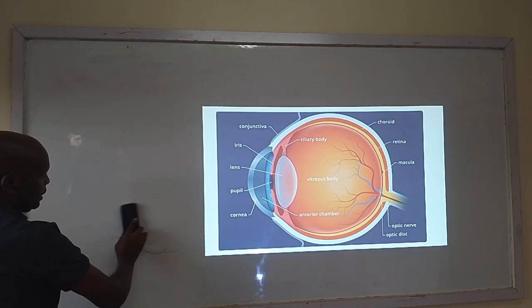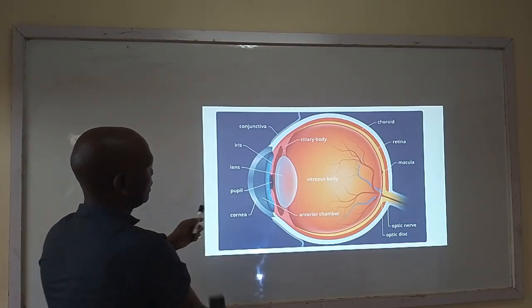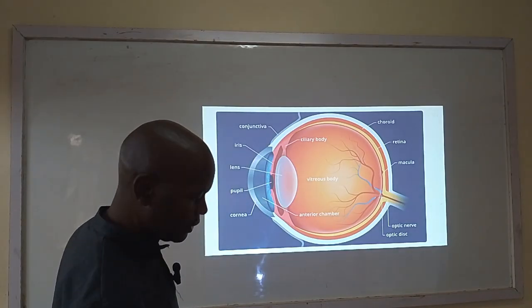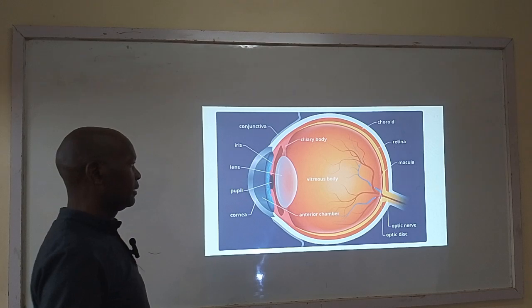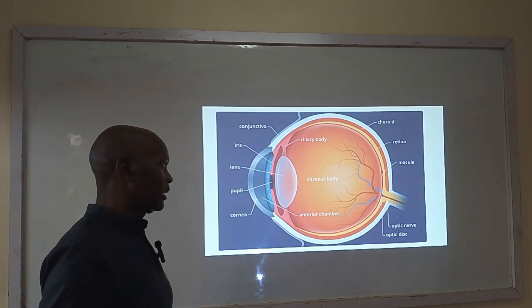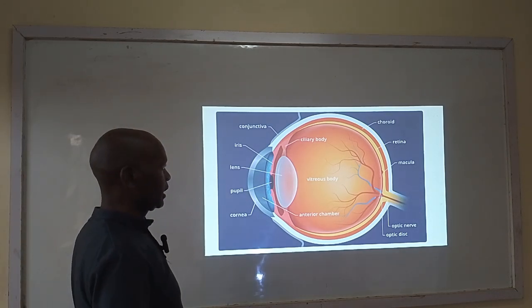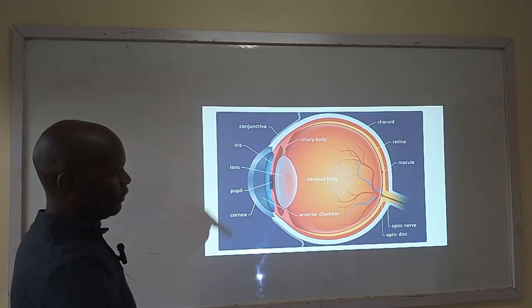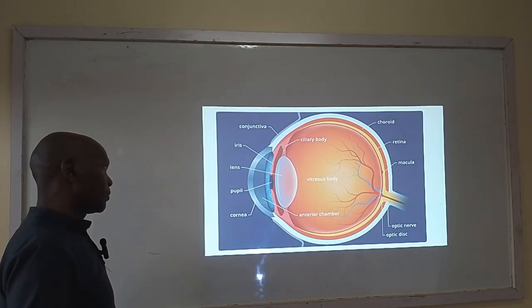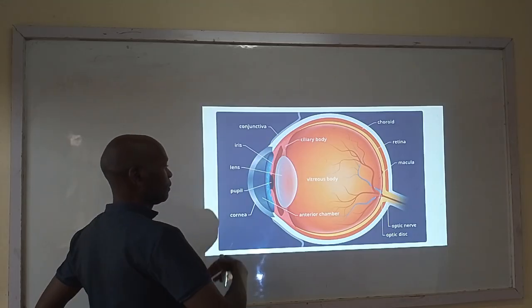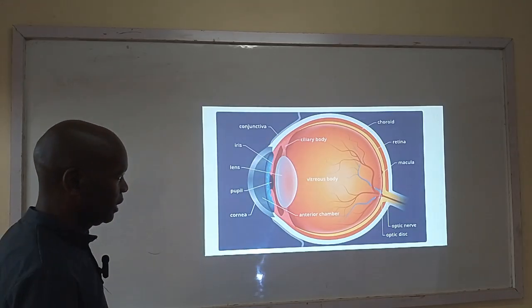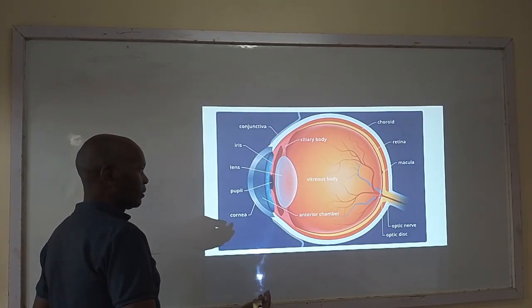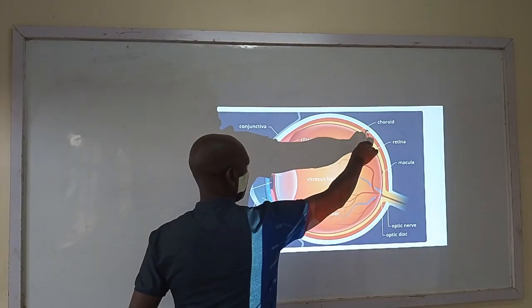So for you to see, light must get through all these structures up to the retina, and that's when it will be converted into electrical impulses that are taken to the brain via the optic nerve. The function of converting light signal into electrical signal is done by the retina.